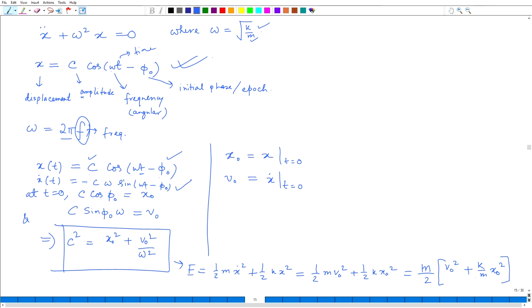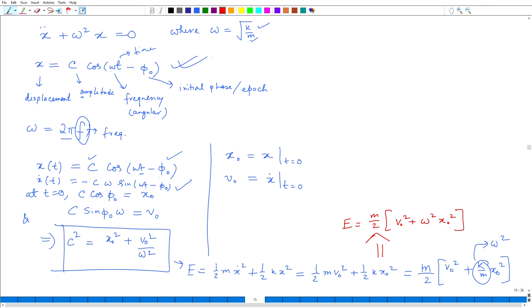I think I have not done any mistake, yes, and this is again omega square. So, I have another relation which I can write immediately here, that is E is equal to m by 2 times v 0 square plus omega square x 0 square.